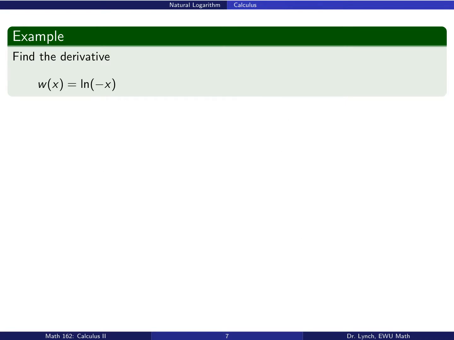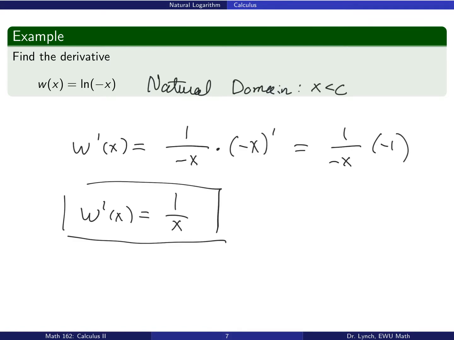Here's one more example. Let's go ahead and look at the derivative of the natural log of minus x, and you can imagine that this looks like we're taking the natural log of a negative function, which wouldn't be allowed, but here the natural domain would just be implied to be x less than 0. So perhaps not surprisingly, given our intuition on the derivative of the natural log of 7x, the derivative of the natural log of minus 1 times x is also 1 over x.